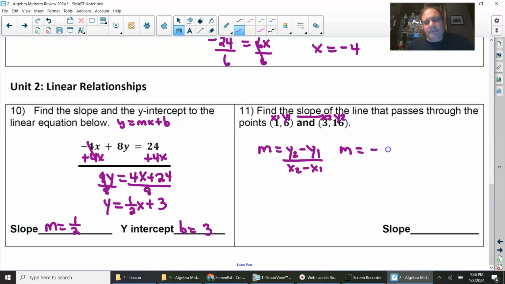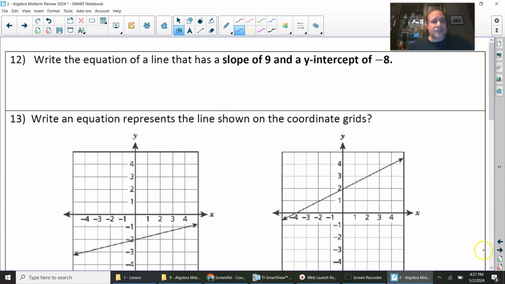The slope: y2 is 16 minus 6 on the top is the numerator, and the denominator is 3 minus 1. So the slope is 16 minus 6 is 10 over 2. You put that in a calculator, you get 5. That is the end of the question. So it's not that difficult right there, just slope.